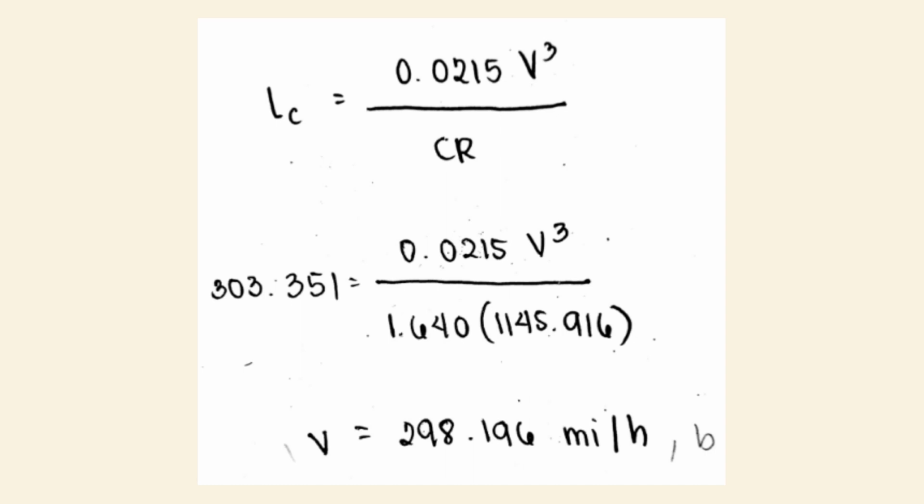For B, like before, we need to solve for the velocity. Using the same formula, we have L is equal to 0.0215 v cubed divided by c times r. Substituting values and solving the equation, our velocity would now be equal to 298.196 miles per hour.